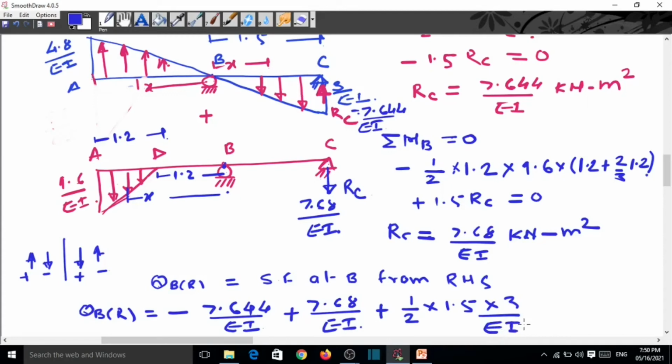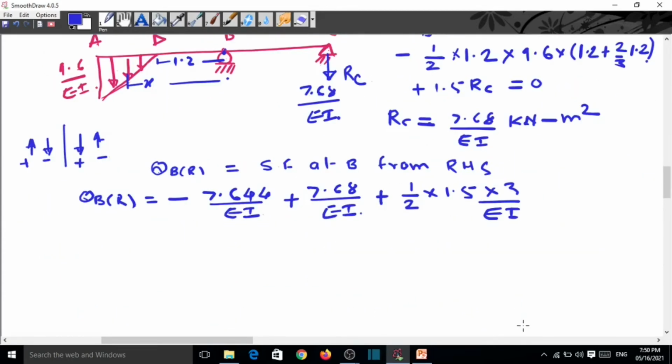So this is the theta b from the right side. So theta b from the right, that is equal to here 2.28 divided by EI.